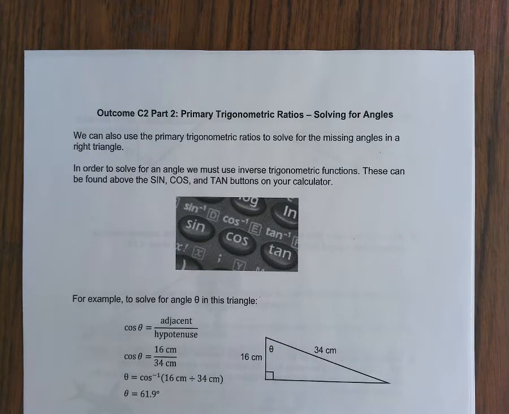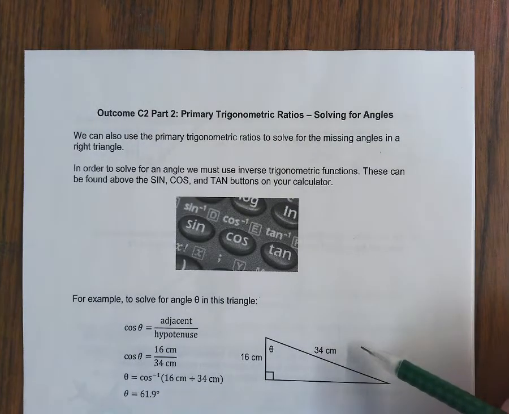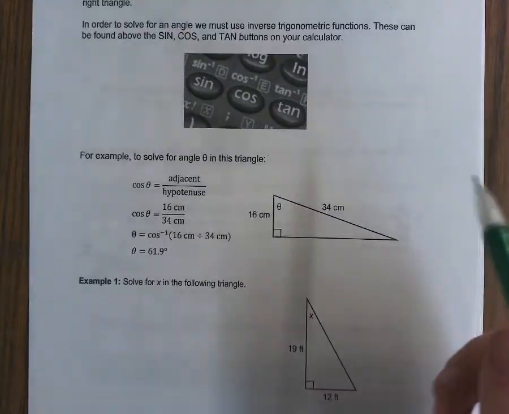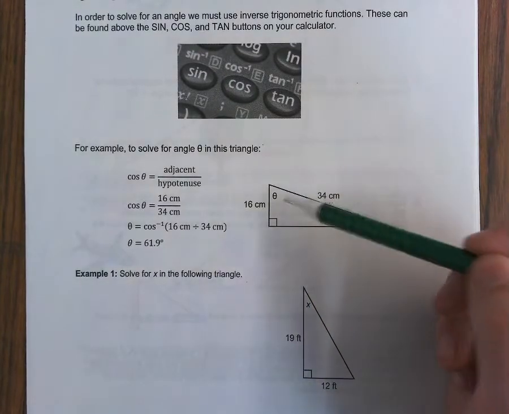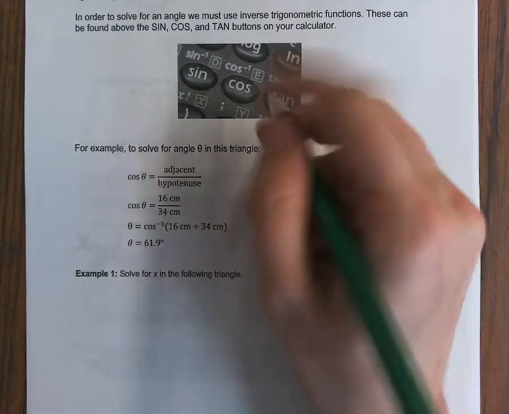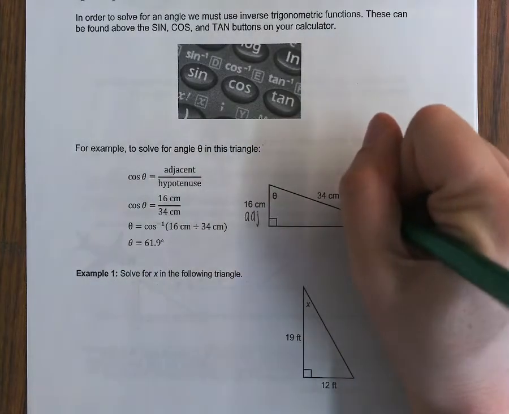So when you're doing this, you're going to set up the ratio the exact same way that you did in the last lesson. So for example, in this triangle here, you can see that the angle we're looking for is this one. Remember, this is called theta. And the sides that we have here are the adjacent side and the hypotenuse.